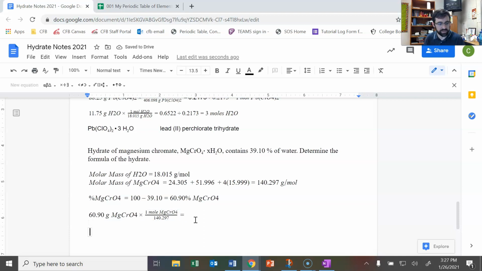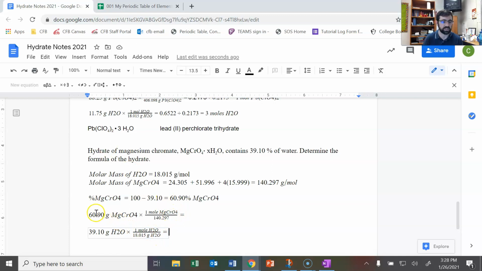We also need to set up the same process with water, 39.10%, so 39.10 grams of H2O times 1 mole of H2O over, in the molar mass of H2O, it's 18.015 grams H2O equals, and then we can solve for them.